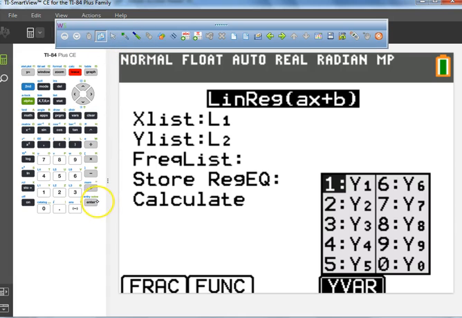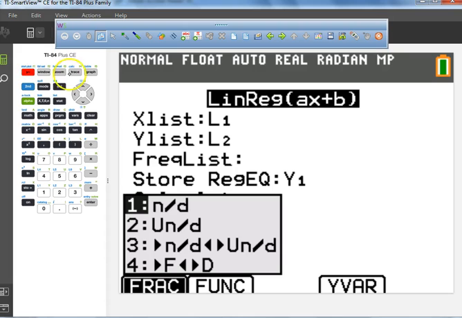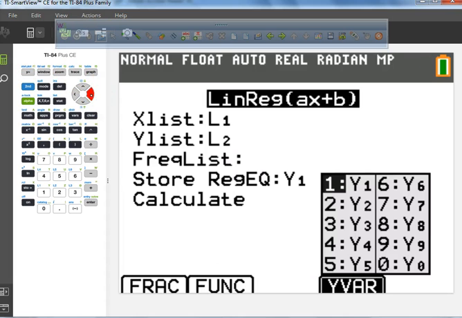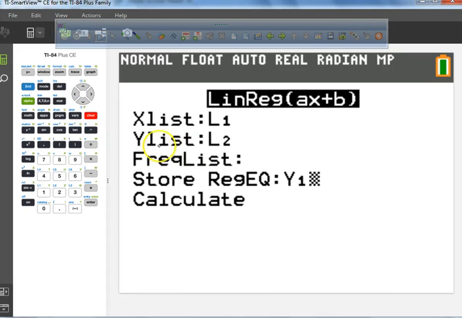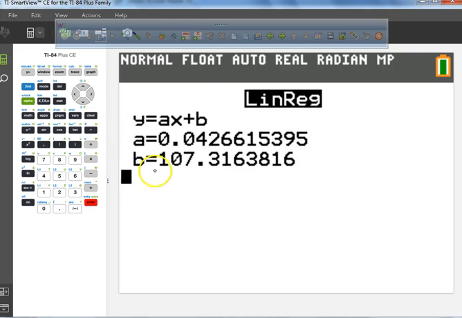So what Raymond was saying was this: you can hit alpha y equals and then move over to the right. You can also do that. Okay, alpha y equals and move over to the right. I'm going to clear that. So right now we have y1. Press enter. Press enter. So this is our line of best fit right here.